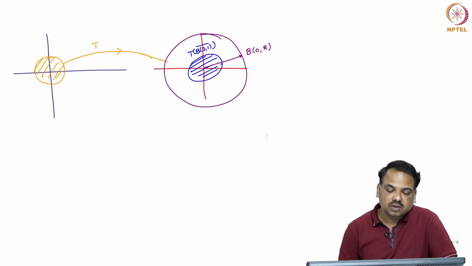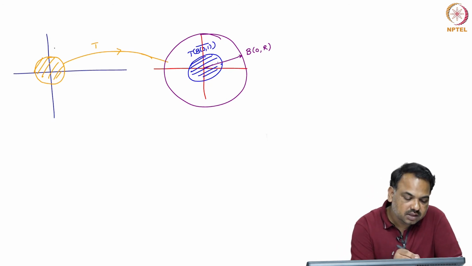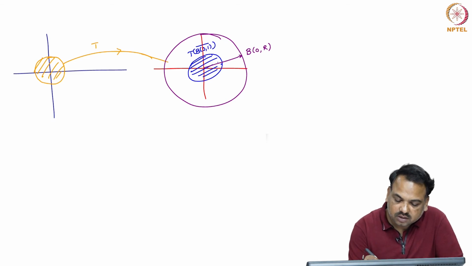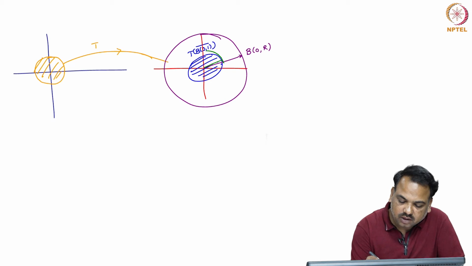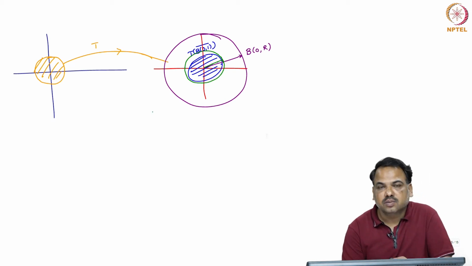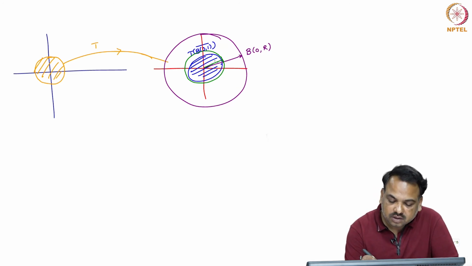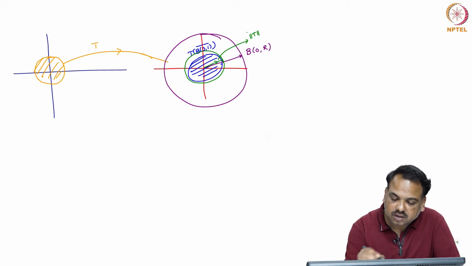Now, what exactly we are going to do is, instead of looking at this, look at the smallest ball. So here the radius is this one. So if you get a ball like this, it contains the image of the closed unit ball under this map. Now, this one actually gives the norm of the operator.